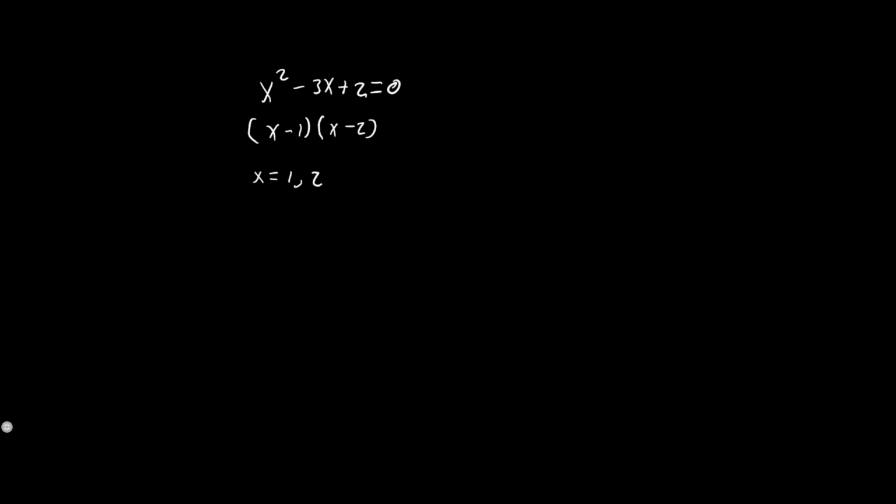So first, we're going to start off with a table on the right. And we're going to have positive on the left, negative in the middle, and complex solutions on the right.